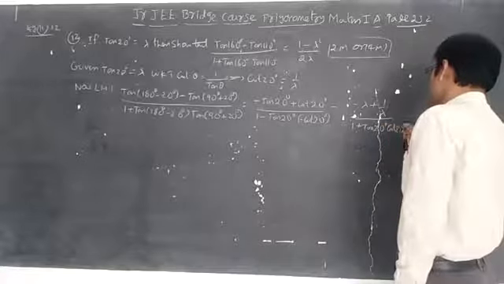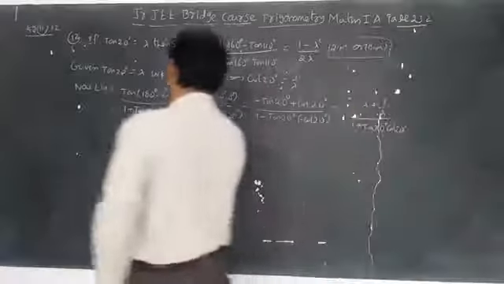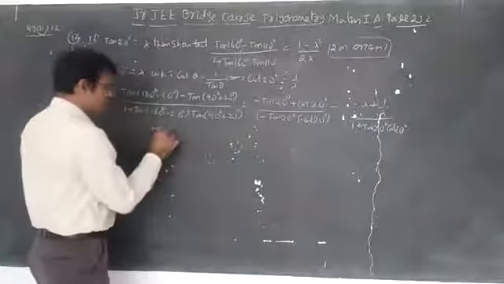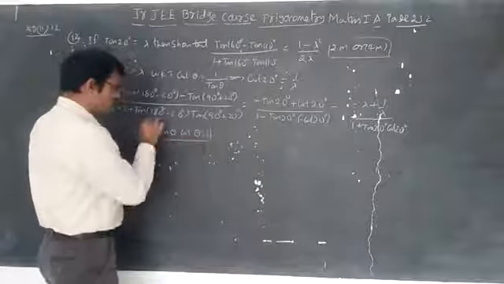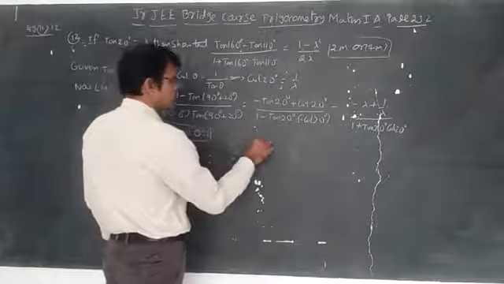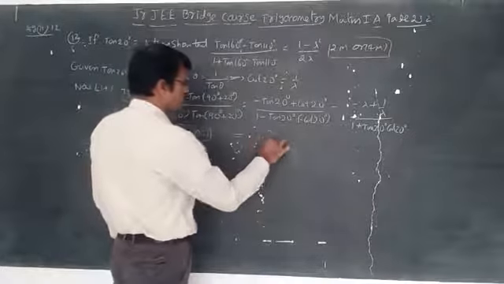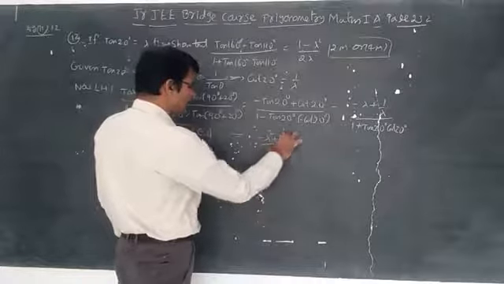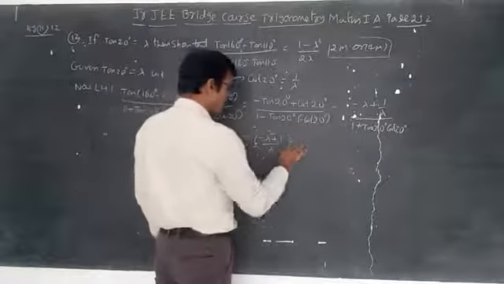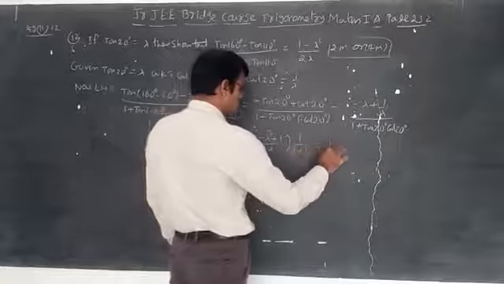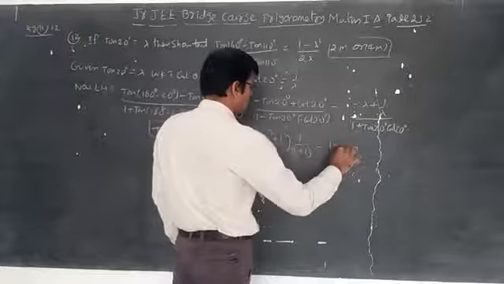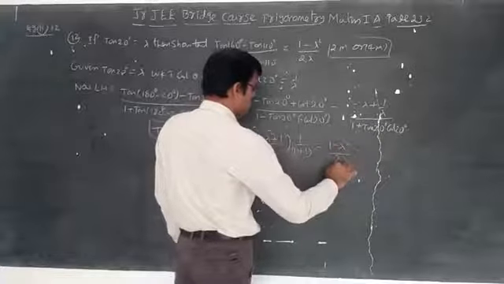We know the formula tan theta into cot theta is equal to 1. So that is equal to minus lambda plus 1 by lambda into 1 by 1 plus 1, which can be written as 1 minus lambda square by 2 lambda.